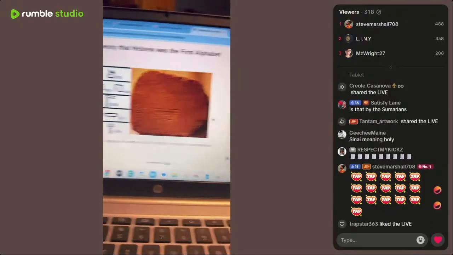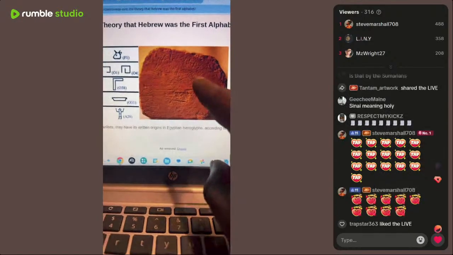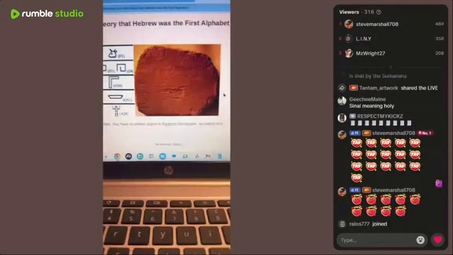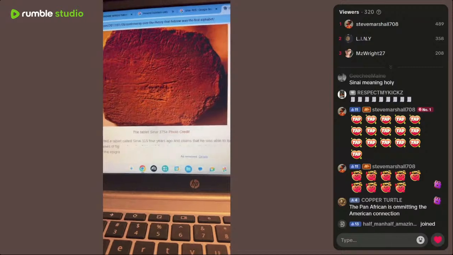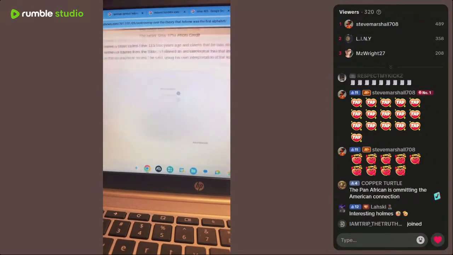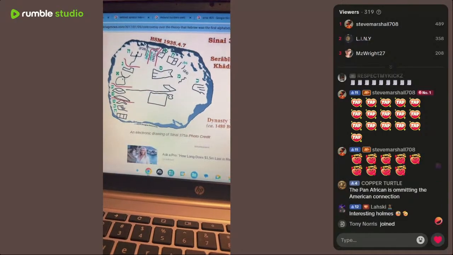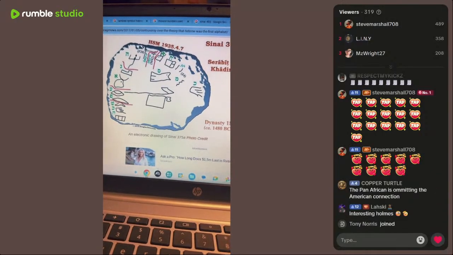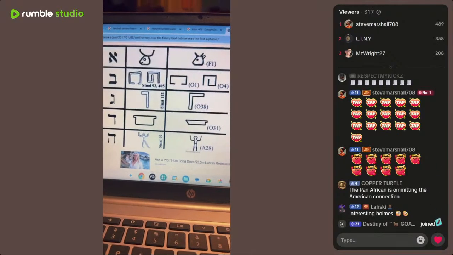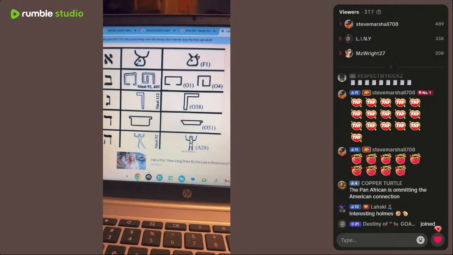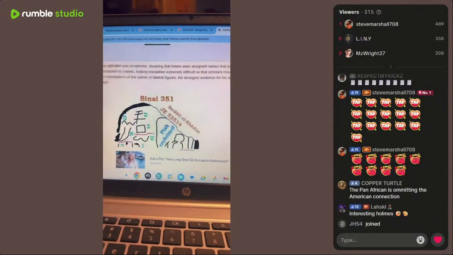The theory that Hebrew was the first alphabet. They're finding the artifacts, pulling the stuff off of there. They're going to sound out 375 right there. This stuff is in museums all over the world. They pulled the lettering off of there. This is how they broke the languages for the Bible and different other languages going through our stuff.